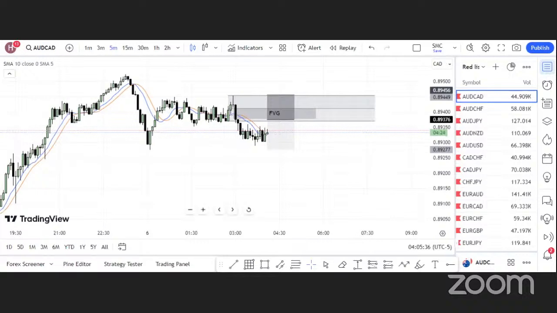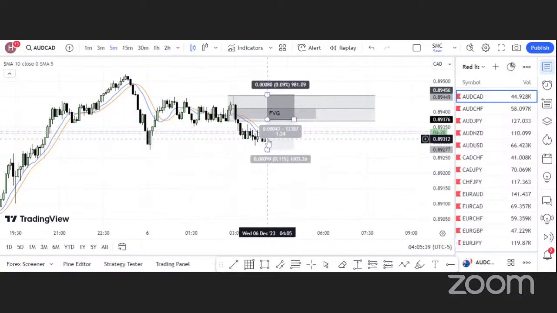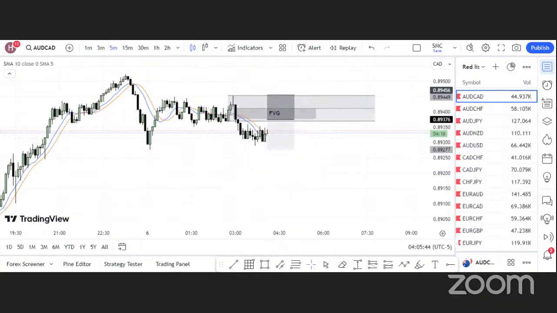So let's just give that at least to the end of this current candle. Let's give that a little bit of time.